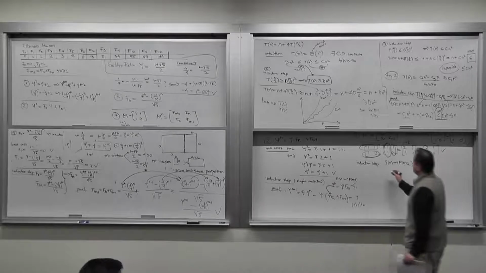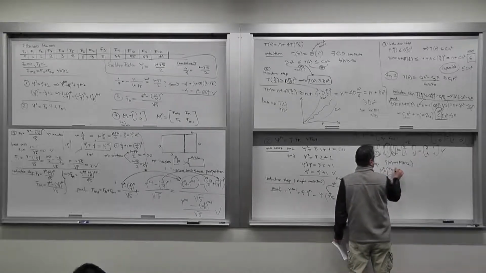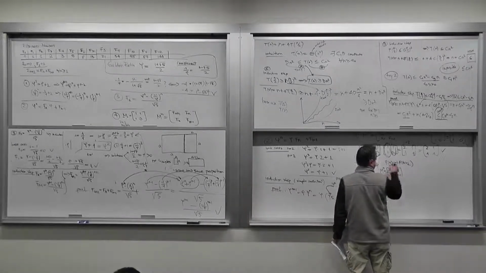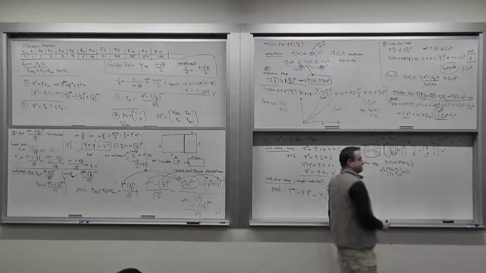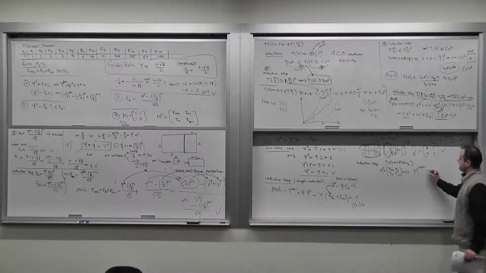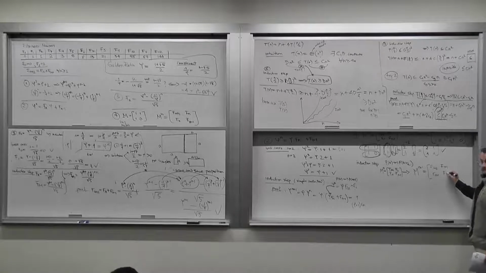P of n is the fact that M at n is F(n+1), F(n), F(n), F(n-1). That is P(n). What is P of n plus 1? M at n plus 1 is F(n+2), F(n+1), F(n+1), F(n).